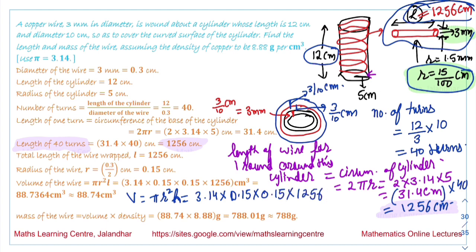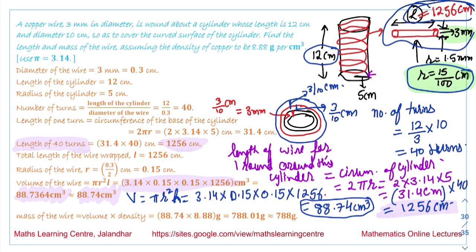On multiplying all these terms, the final answer we will get is 88.74 centimeter cube. So this is the volume of the copper we require.